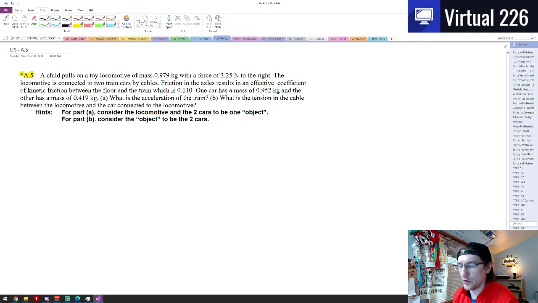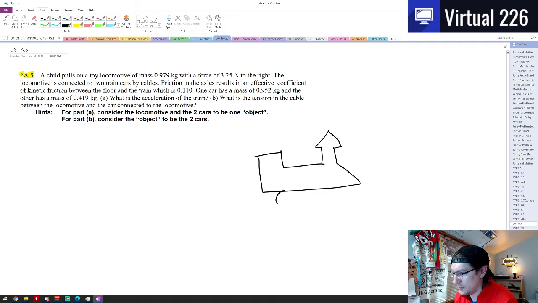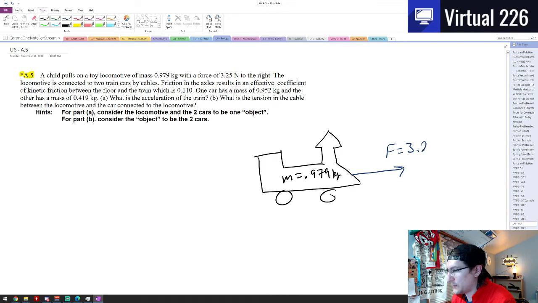A kid is pulling on a toy locomotive, so let's draw a poor locomotive, okay? This is my train. Choo choo. This train has a mass of 0.979 kilos, and the child is pulling it with a force of 3.25 newtons.